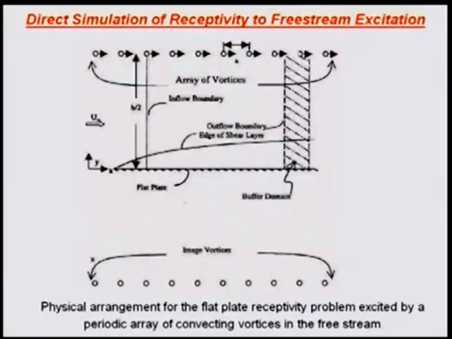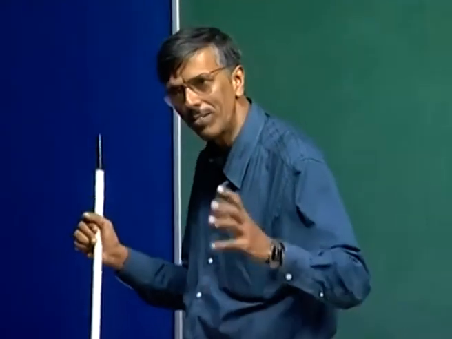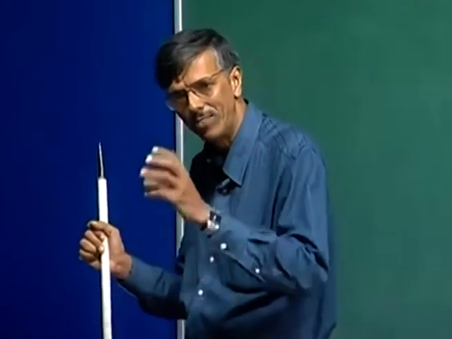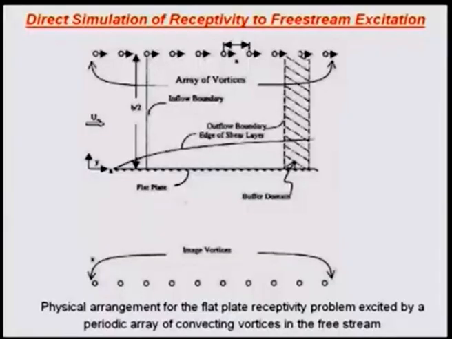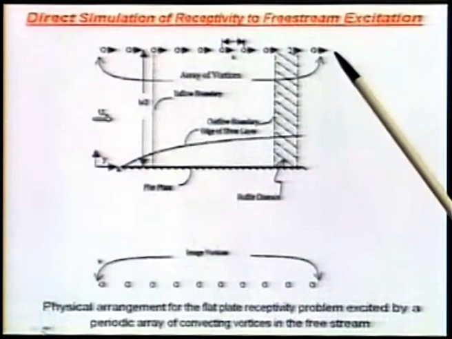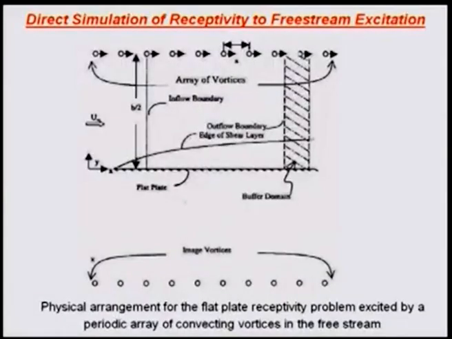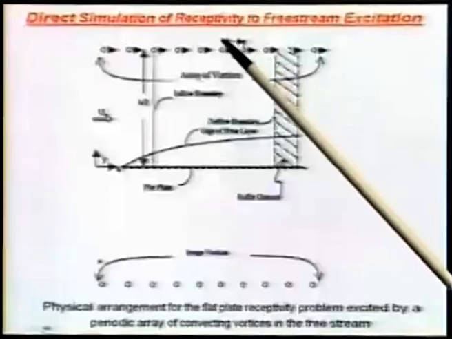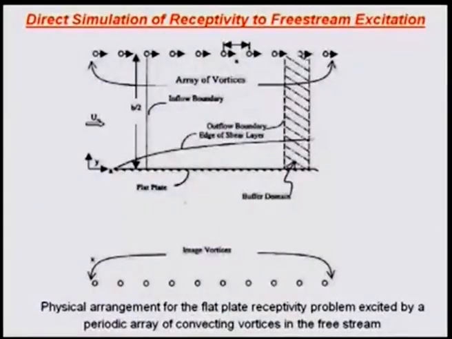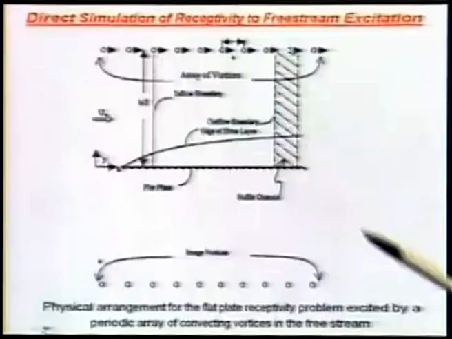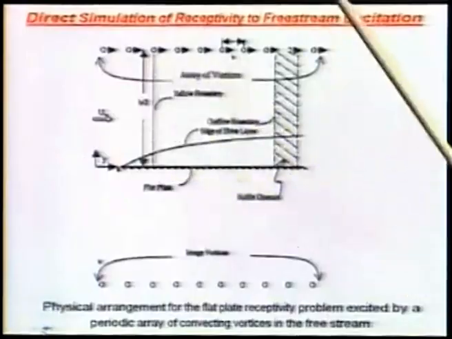So, here we wanted to study a prototypical case of one such thing. To make our understanding complete, we look at a very standard model. The standard model is that we will have a train of vortices, not one, a large number of them, and let us say the gap between them is fixed and the height at which they go is also fixed.